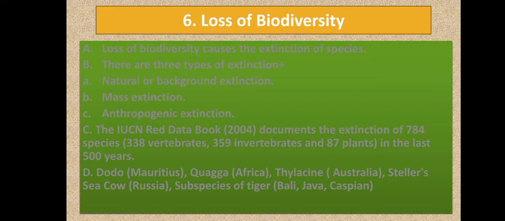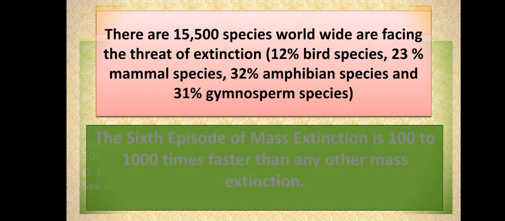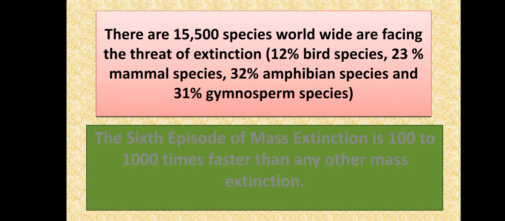Dodo that belongs to Mauritius, quagga that belongs to Africa, thylacine from Australia, Steller's sea cow from Russia, and subspecies of tiger from Bali, Java, and Caspian have been extinct. There are 15,500 species worldwide that are facing the threat of extinction.